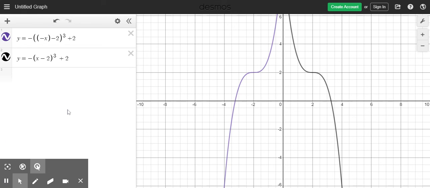So there you can see the reflection across the y-axis. So reflecting across the x-axis, we put the negative out front. Reflecting across the y-axis, we replace the x with a negative x within this parentheses raised to the third power.